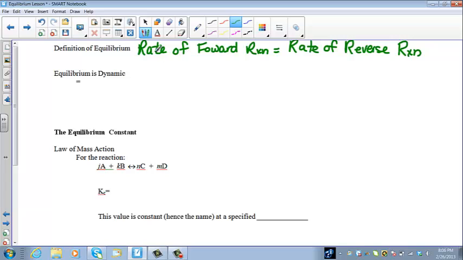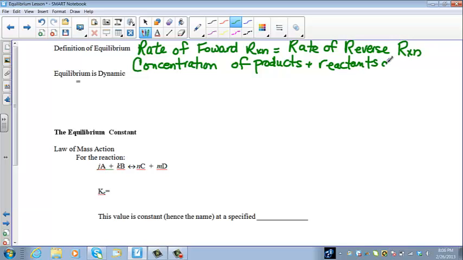And I also told you that the concentration of products and reactants are constant. Okay. Equilibrium is dynamic.